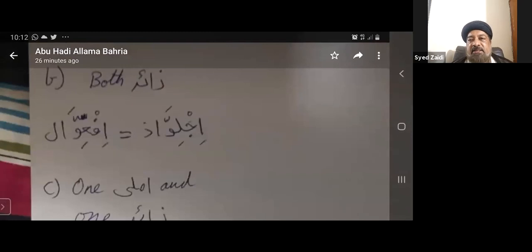Both were asli in A, and now in B, you see both are zaid, right? What do we do when we see both are zaid? Like the word ijlawwaza. On the word scale, you know, fa, ain, and lam are the three letters. What do we do when we see both zaid?